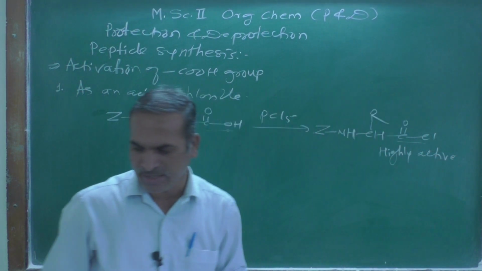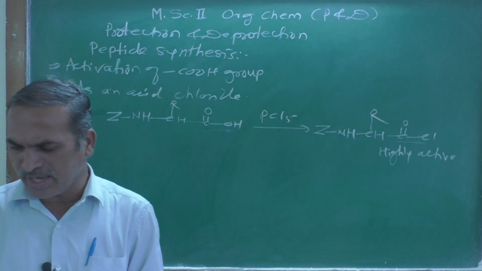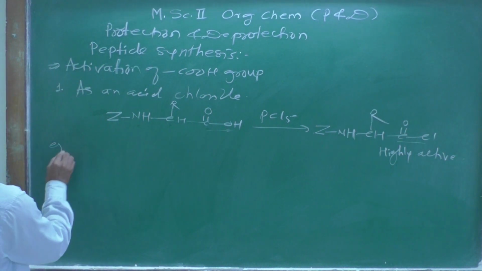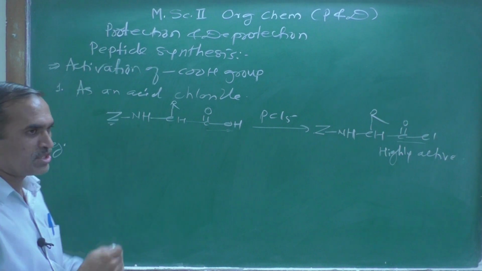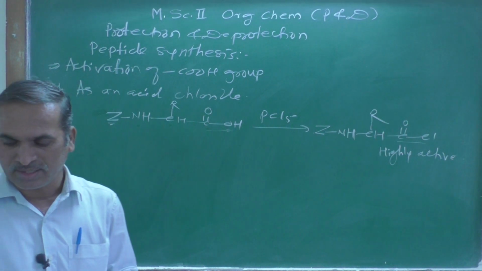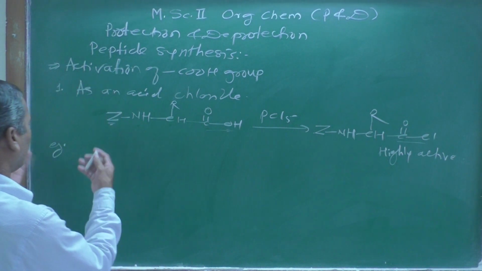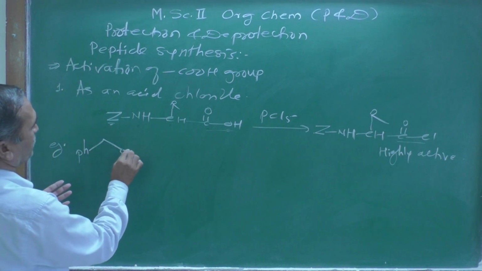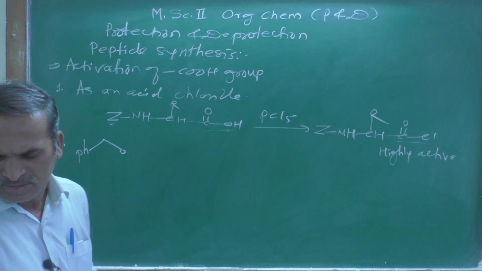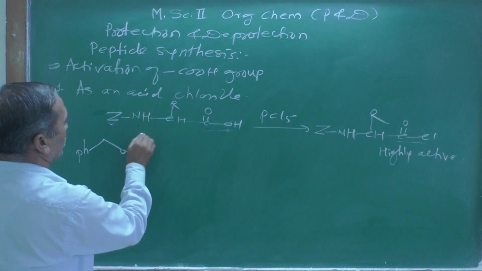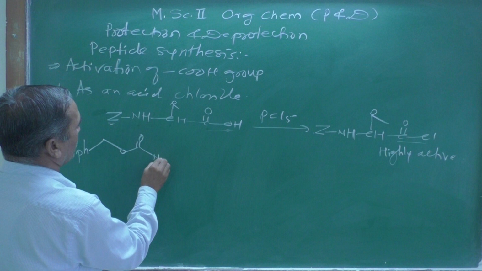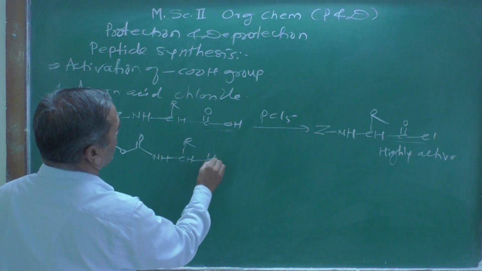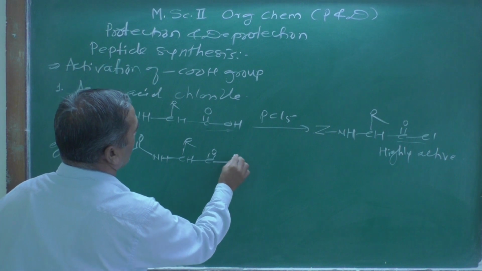This highly active group further, for example, let us see here, this Z is nothing but one of the protecting groups. Let us see Ph, then O, double bond O, the CBZ group here, NH, then CH, R, C double bond O, then OH.